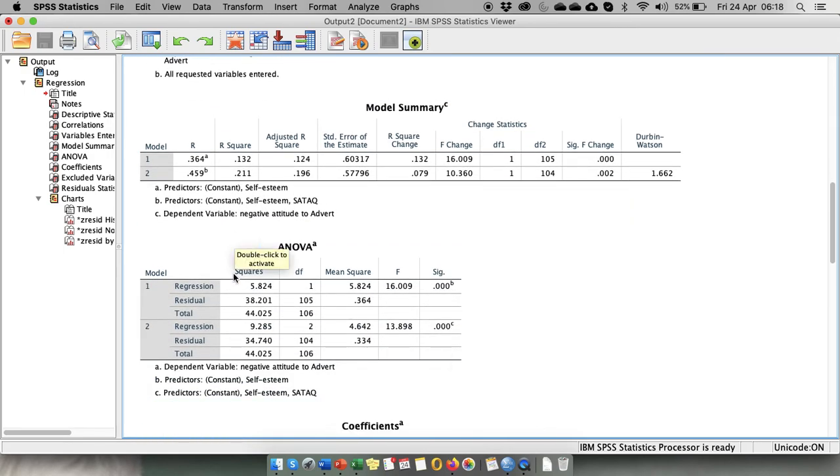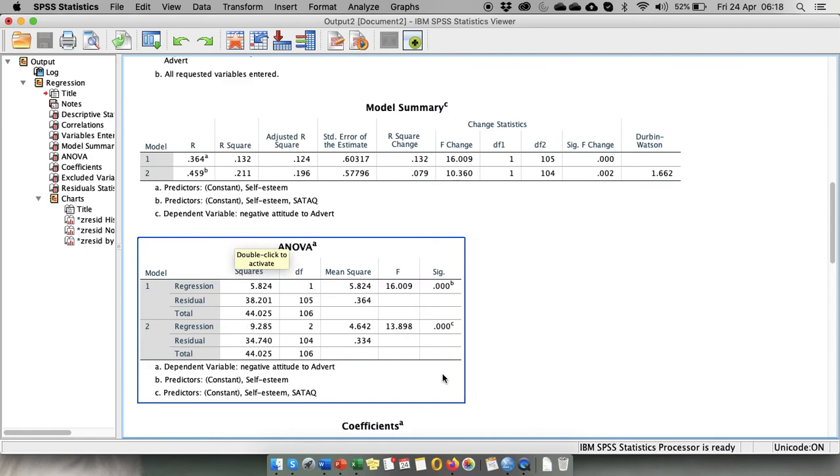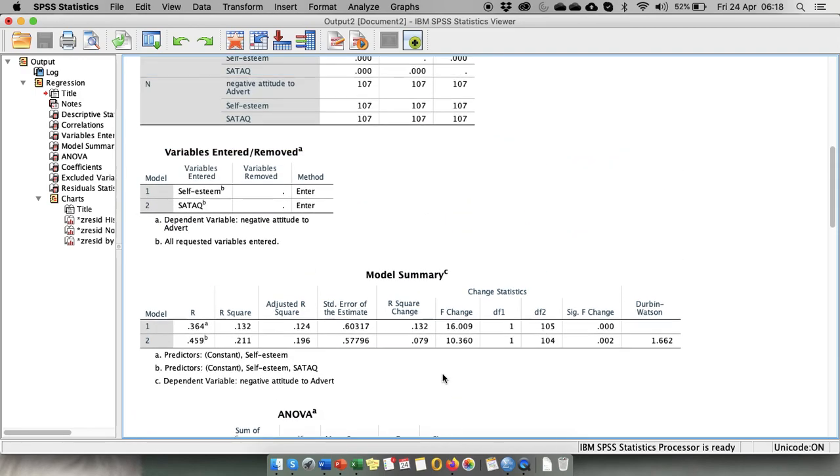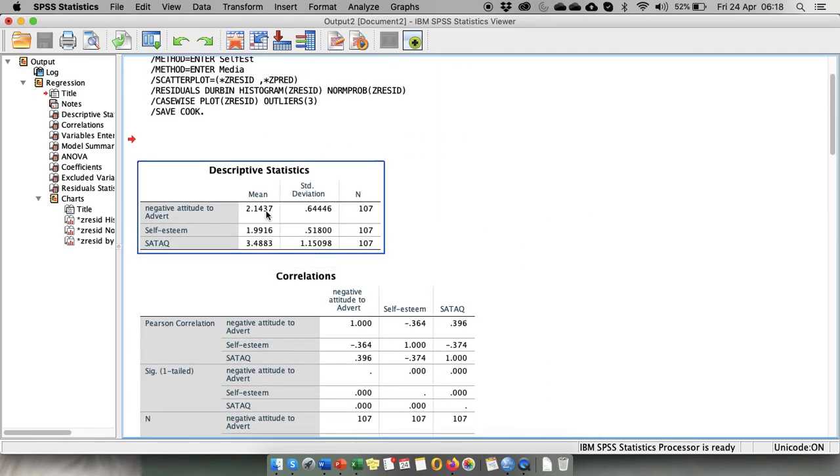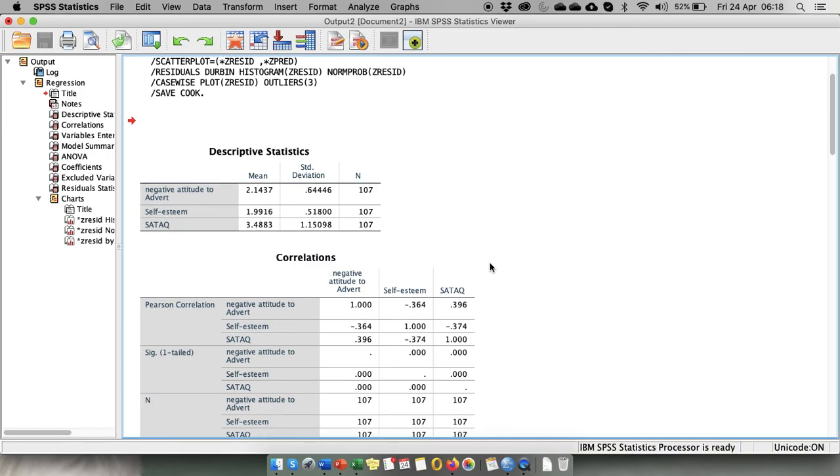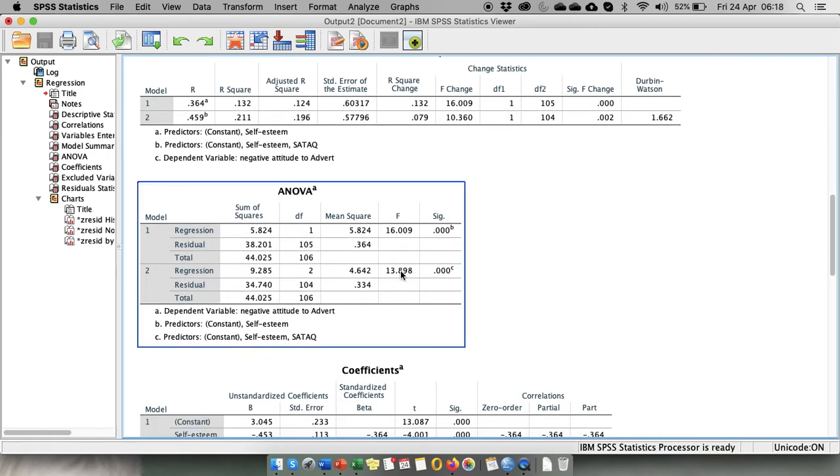The next table is ANOVA, which basically tests your regression model against the null model. So the null one would be predicting scores on attitude towards the advert solely based on the means. So in this case, the mean is 2.14, and the idea is everyone would dislike the advert to the same extent.